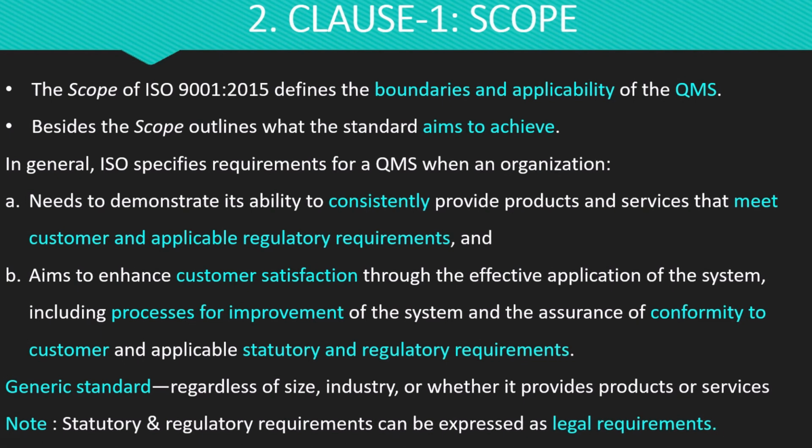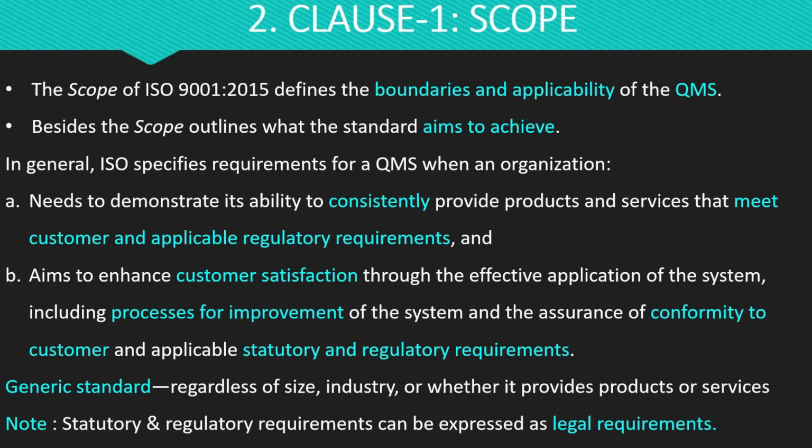In general, ISO specifies requirements for a quality management system when an organization needs to demonstrate its ability to consistently provide products and services that meet customer and applicable requirements. The second is the main purpose of the standard: to enhance customer satisfaction through the application of the standard.